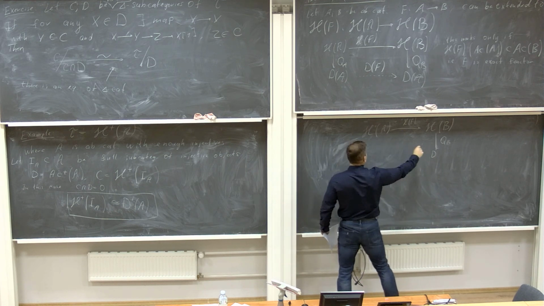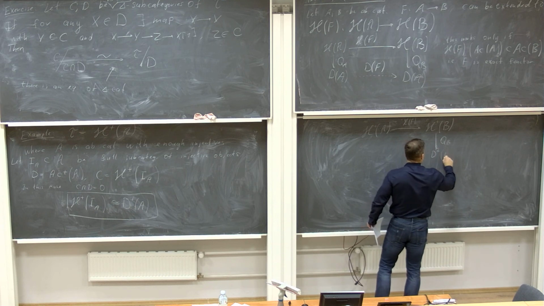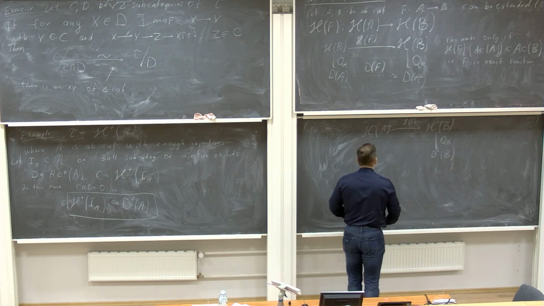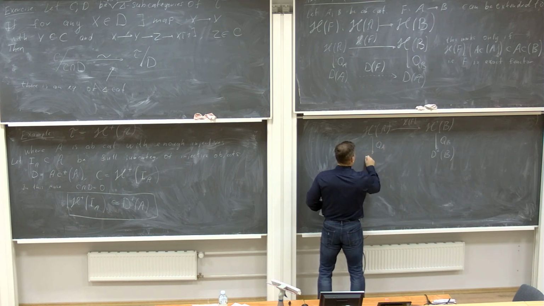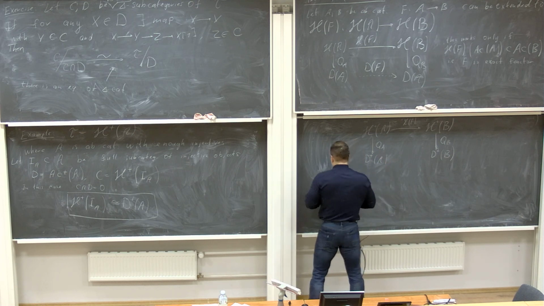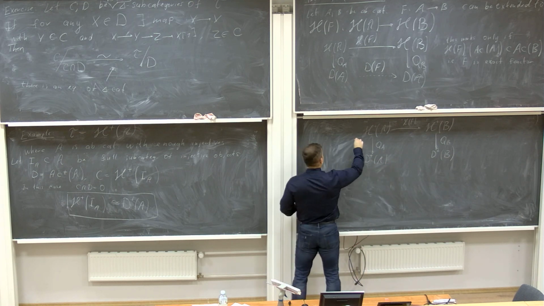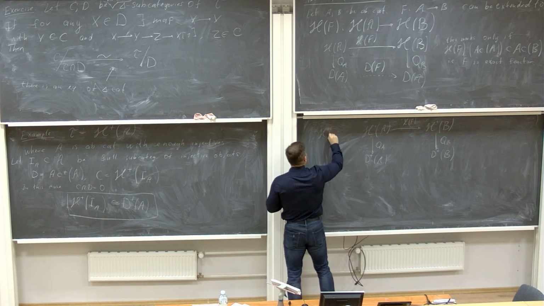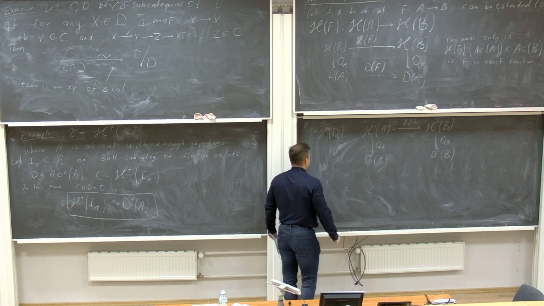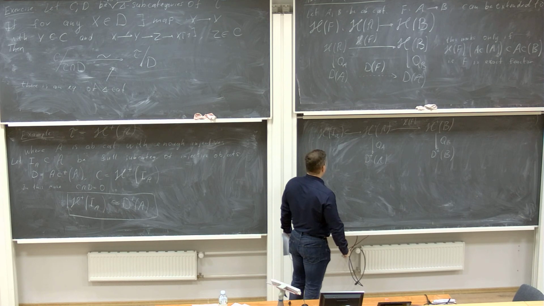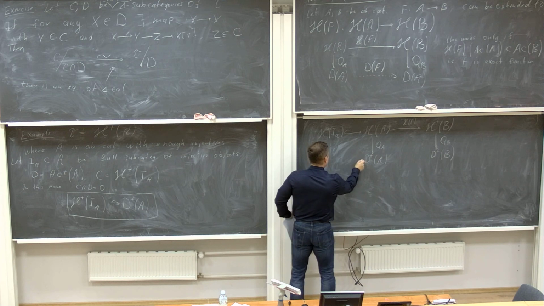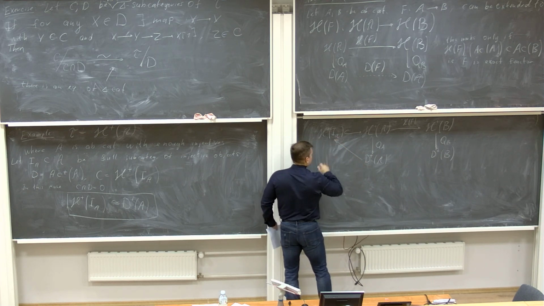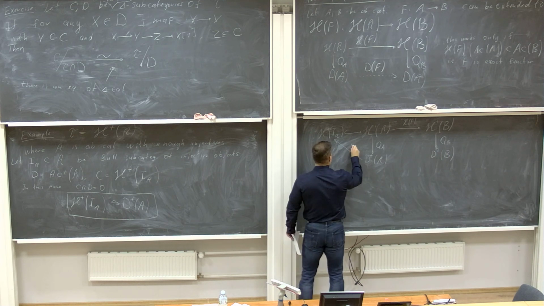So this is H plus of A, H plus of B, and D plus of B. There is a localization QA to the D plus of A. Now inside H plus of A, we have H plus of the injectives IA. And this embedding, we know, gives an equivalence of H plus of IA with the derived category. So it means that there is a functor going in the other direction. Let's call this functor phi.